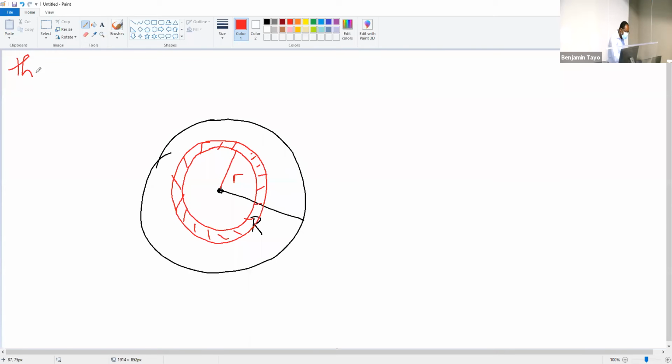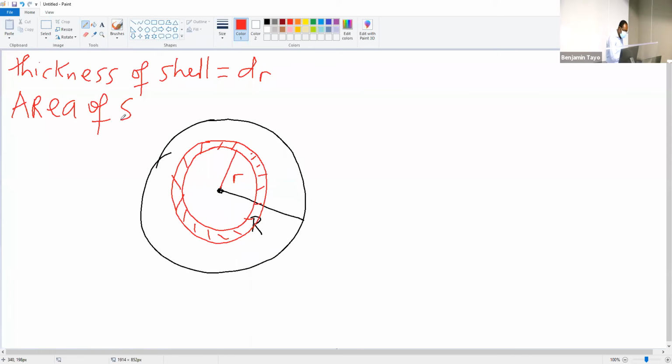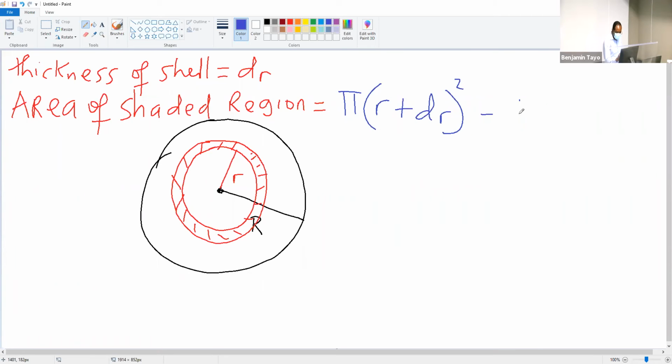Now the thickness of the shell is dr. So it means that the area can be calculated as pi times (r plus dr) squared minus pi r squared.